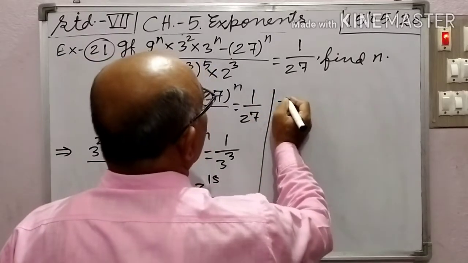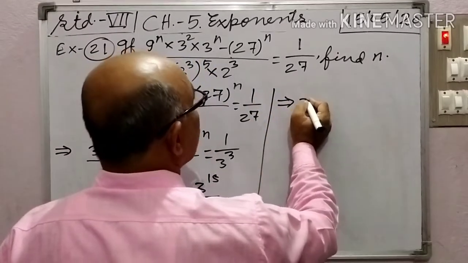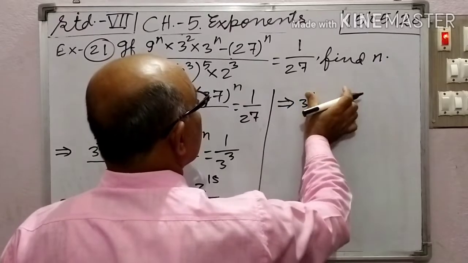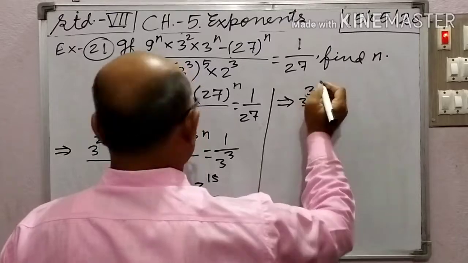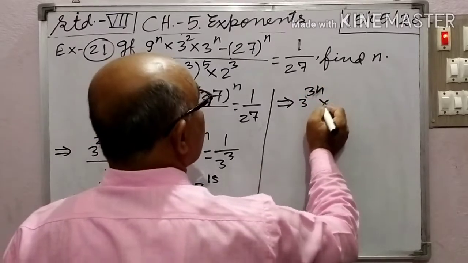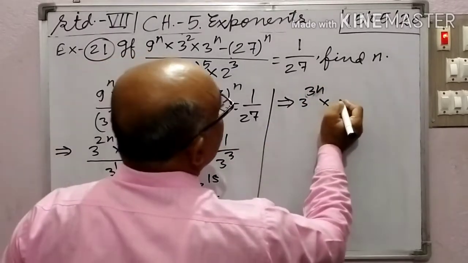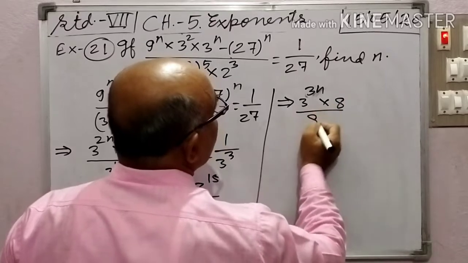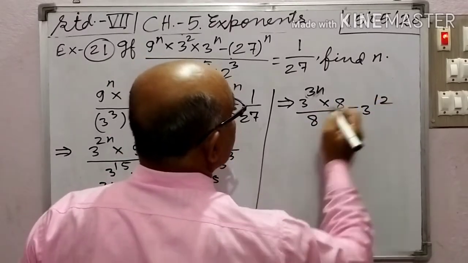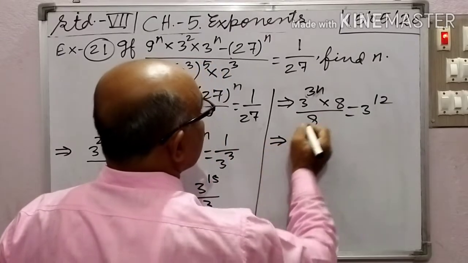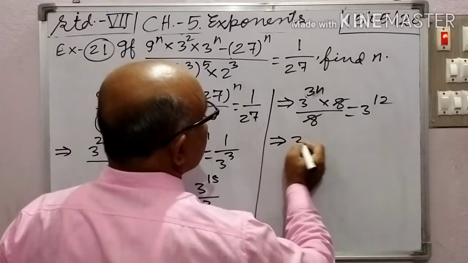Now here 3 to the power 3n into 9 minus 1, 8, divided by 8 equals 3 to the power 12. 8 and 8 cancel.